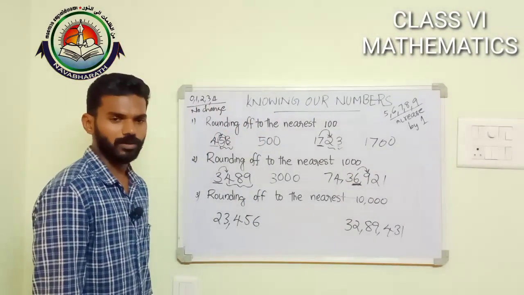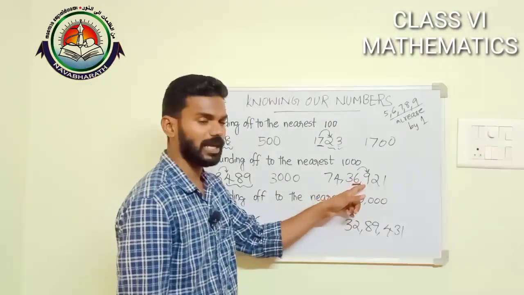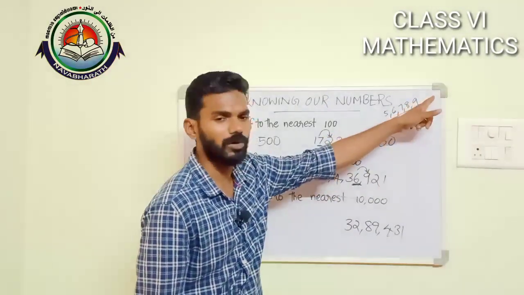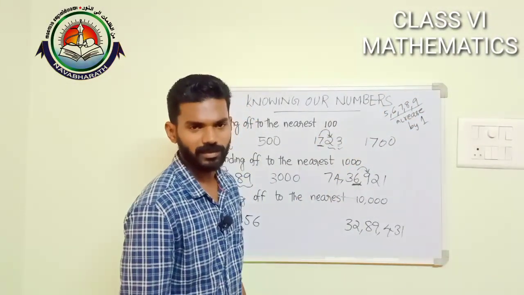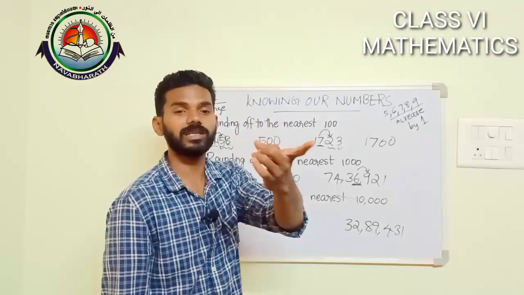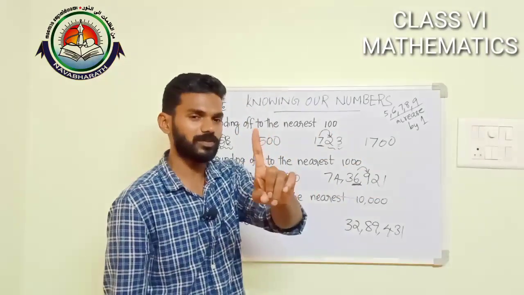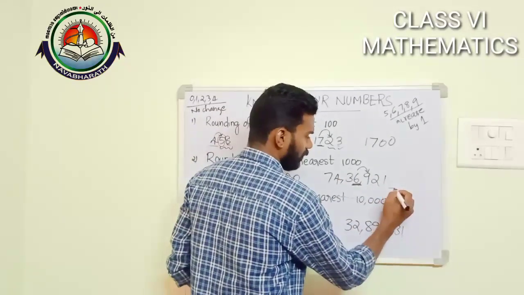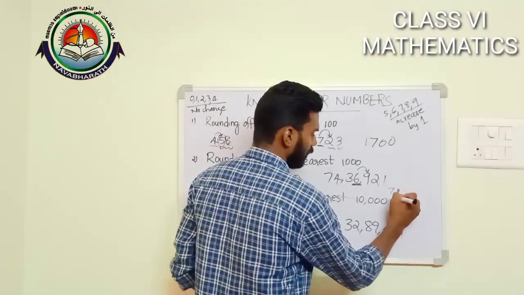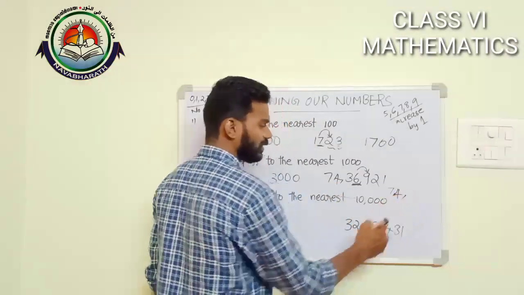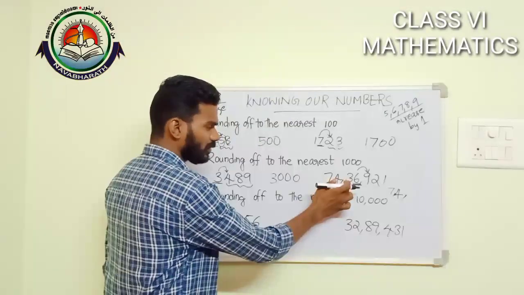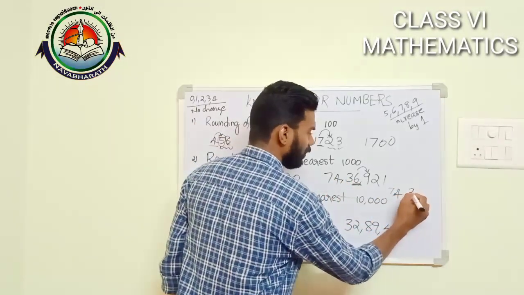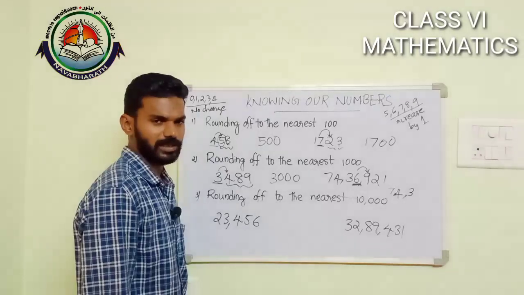What shall we do? 9 belongs to this group 5, 6, 7, 8, 9. We have to increase the thousands place by 1. And here 7, 4, there would not be any change for those places. This 10,000s place 3 also would not change.